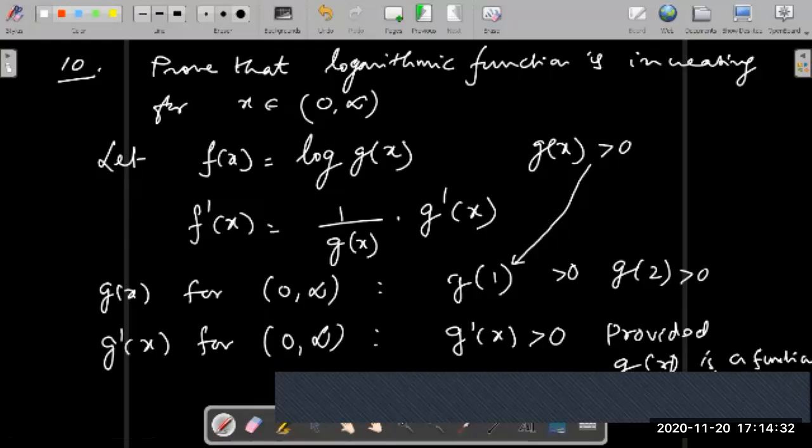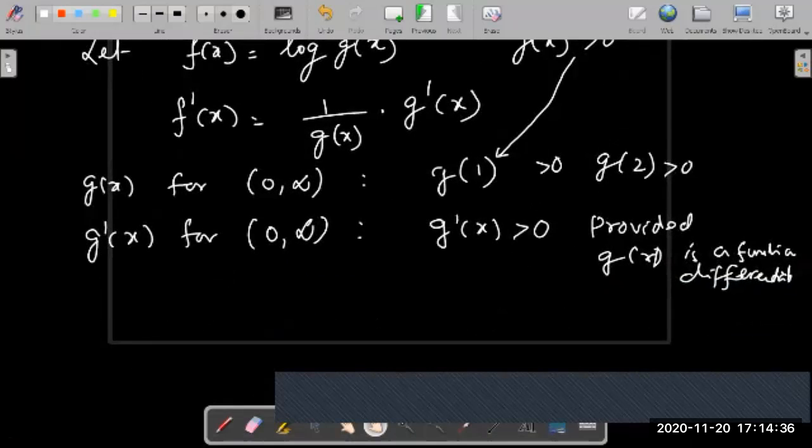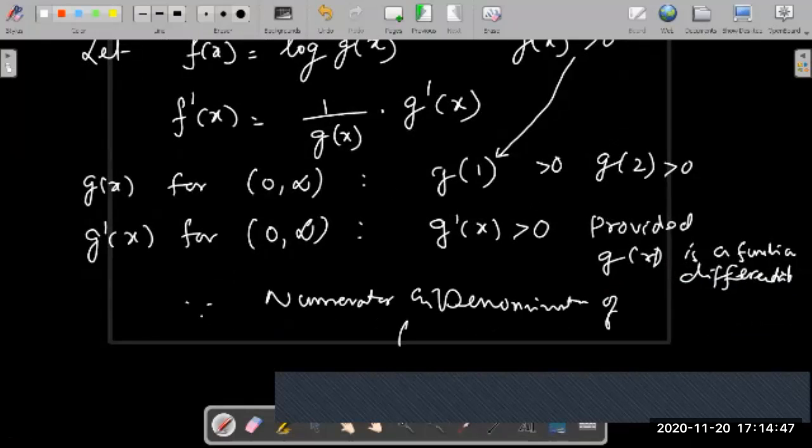I will tell you two methods. One is a little complicated method, that's what we are doing. So since the numerator and denominator of f dash x are greater than 0, we infer that f dash x is greater than 0 for all values x belonging to 0 to infinity.